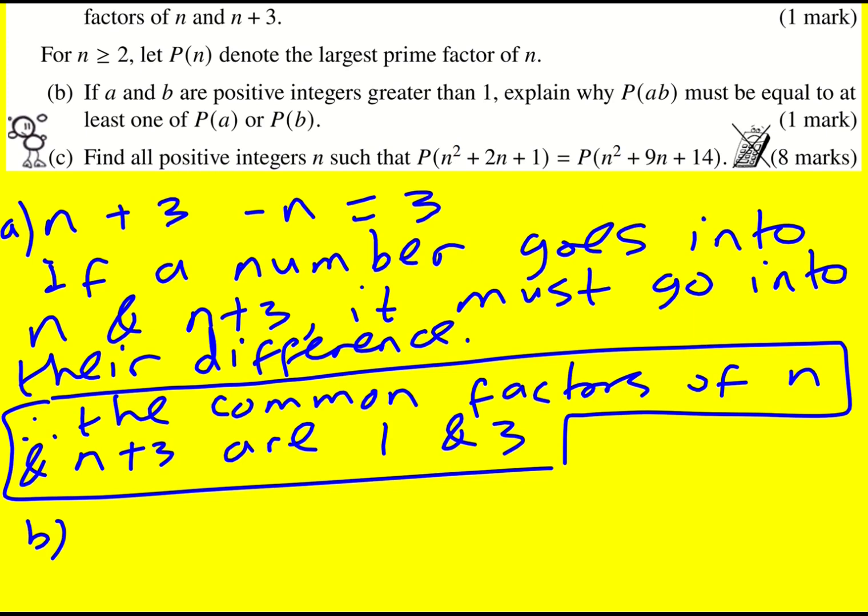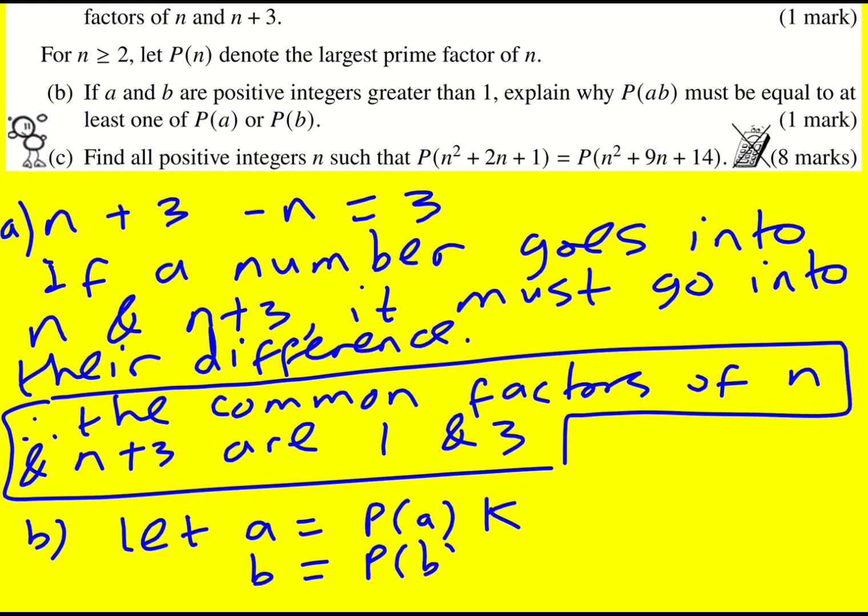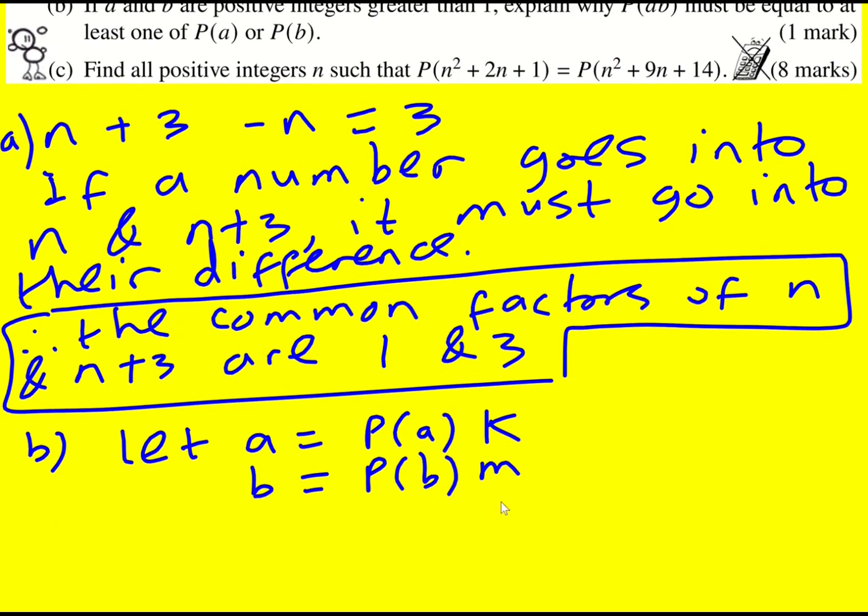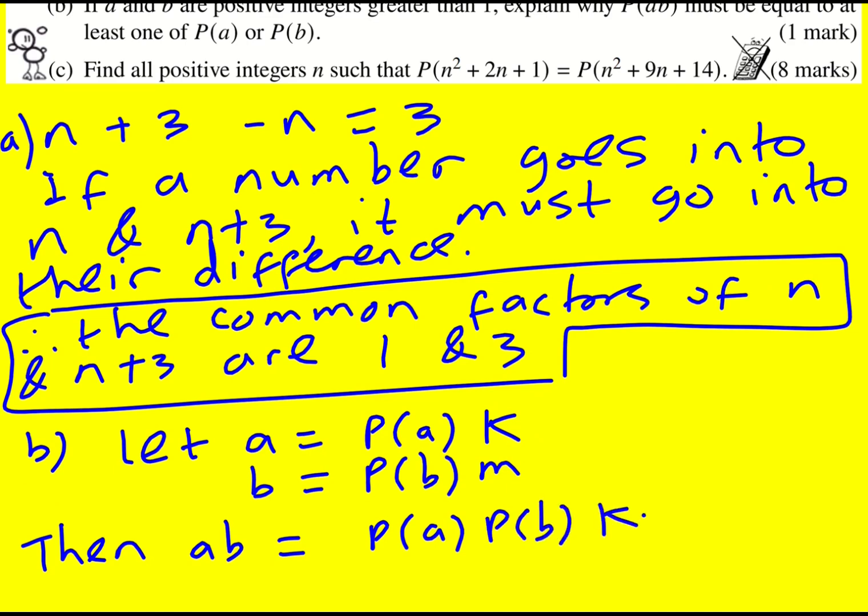So for this, I decided to let a equal the largest prime factor that goes into a times some integer k, and b is the largest prime factor that goes into b times some other integer m. Then ab will equal P(a) P(b) times km.